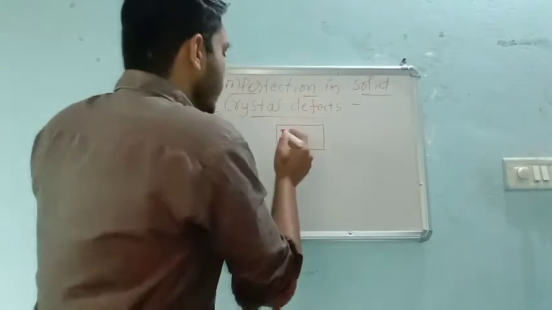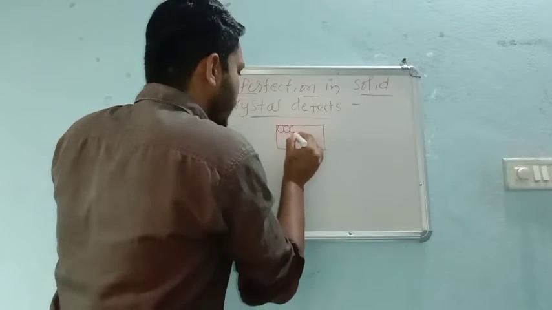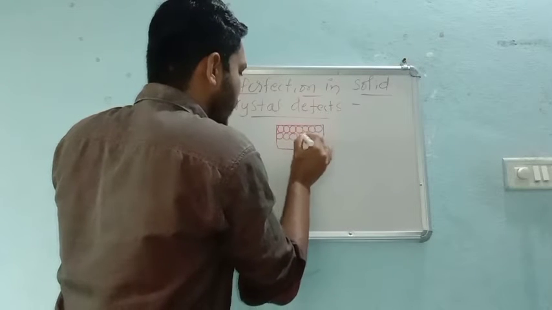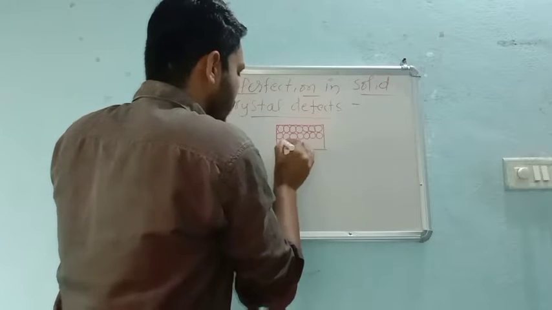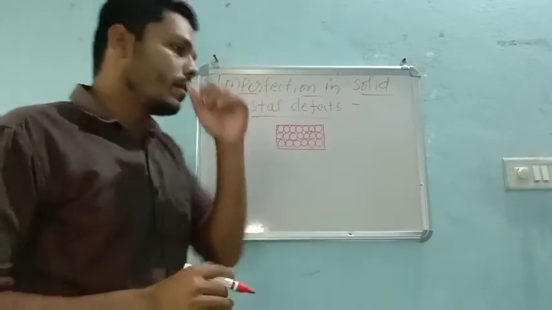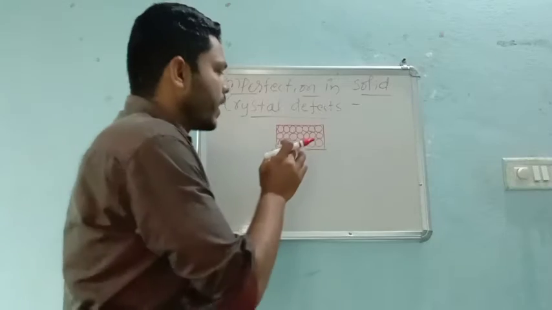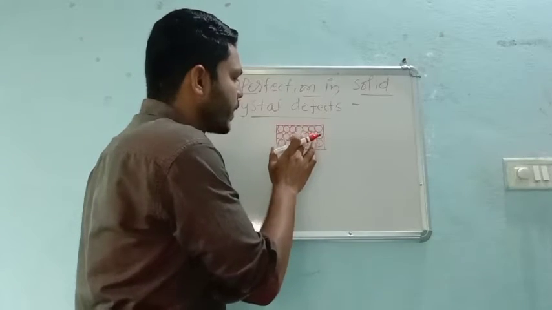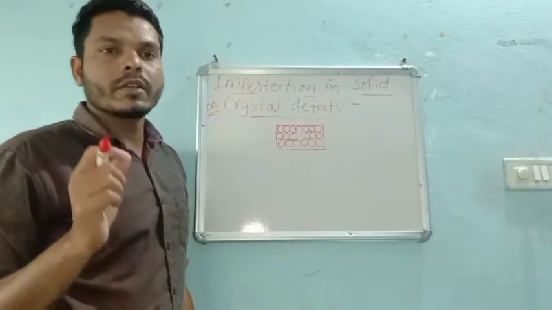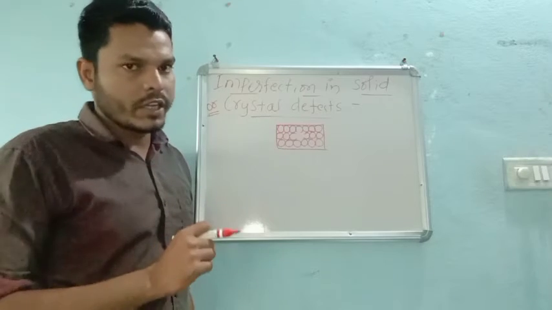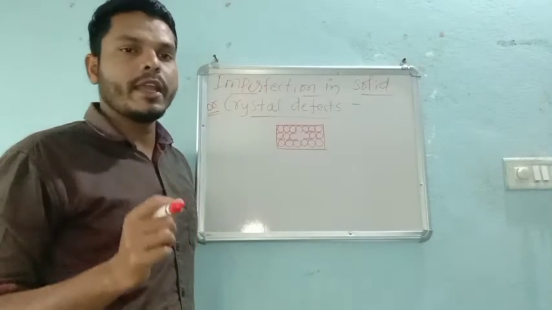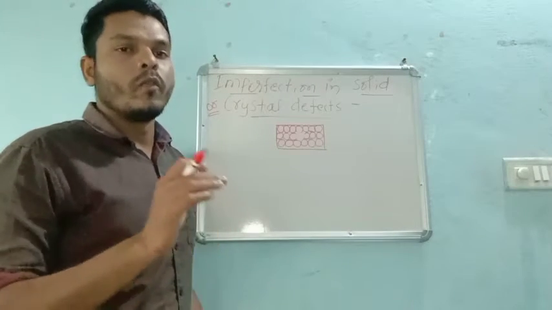If I keep this solid in the air or expose it to sunlight, then what happens? Imperfection will come. That means some property it loses. Why? Because oxygen is a very strong oxidizing agent, so it will react with any solid chemical very easily.